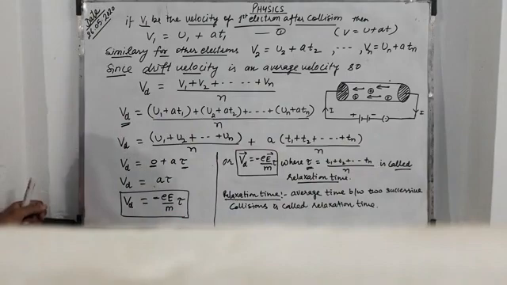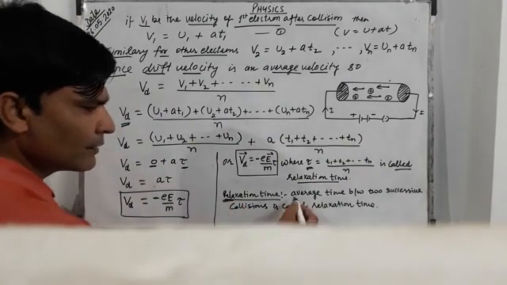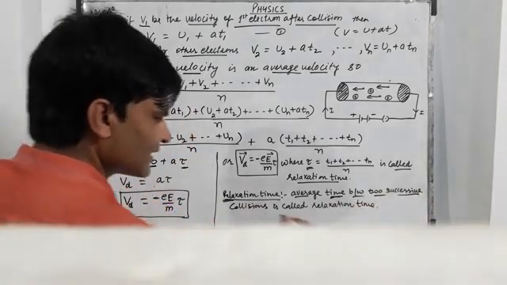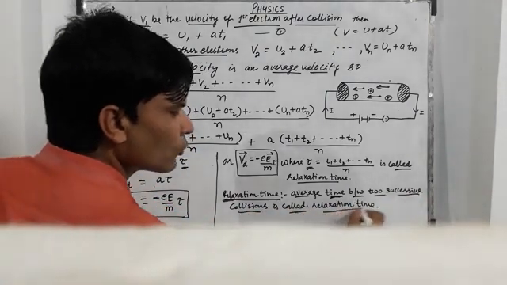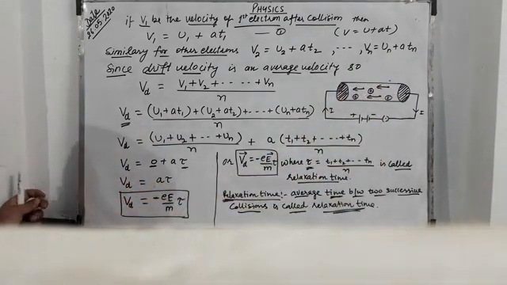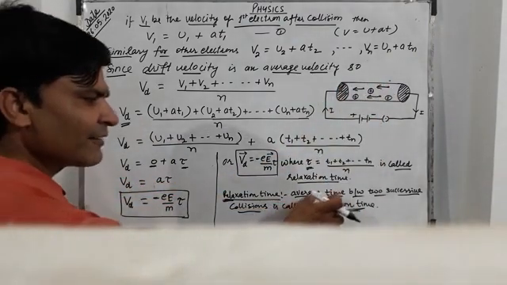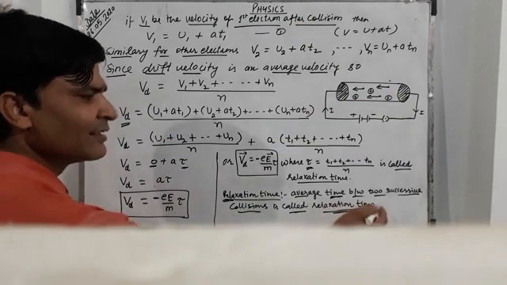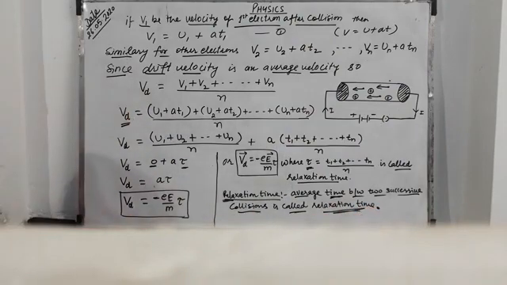Now what is relaxation time? Simply, average time between two successive collisions is called relaxation time, because there are a large number of collisions, so we take the average time, and average time is known as relaxation time.